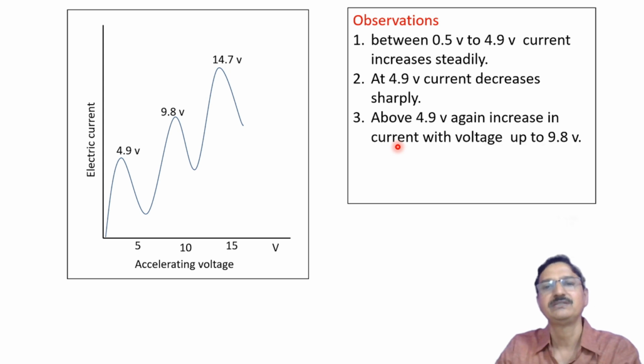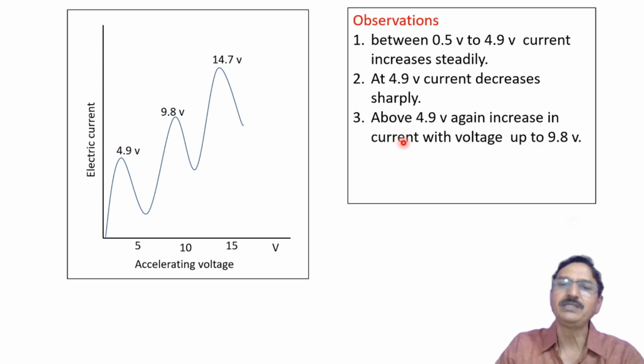And then we can see again when voltage is increased above 4.9 volt, current again starts to increase, and this continues up to the voltage 9.8. At 9.8 volt, again we observe that current decreases very sharply.